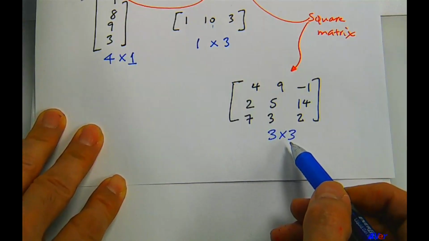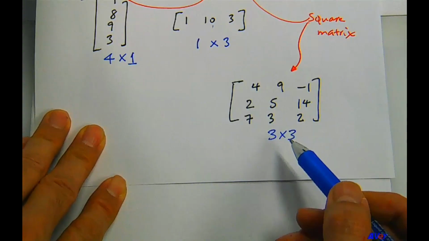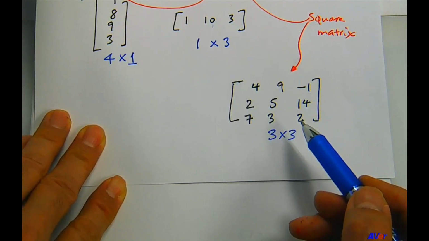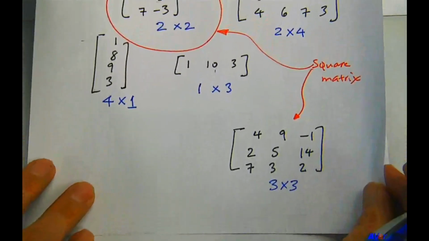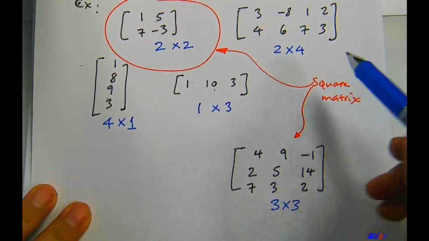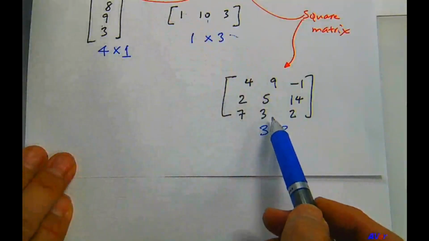When we get to section 3.3, which I've already mentioned, we talk about finding the inverse of a matrix. So only square matrices have an inverse. So you already know that this matrix and the other one do not have inverse matrices. Only square matrices have an inverse.